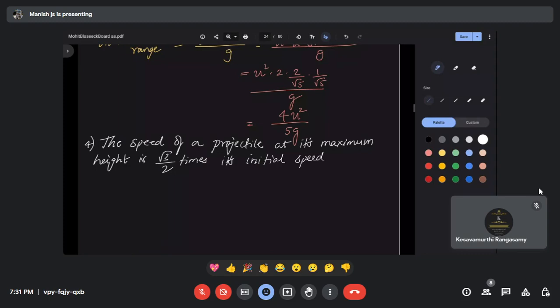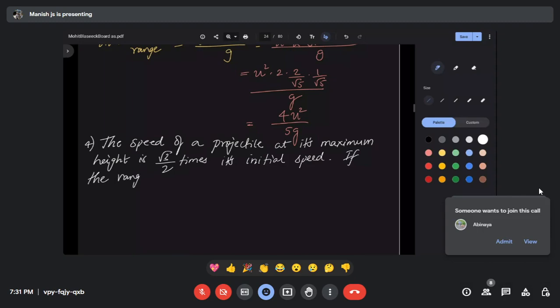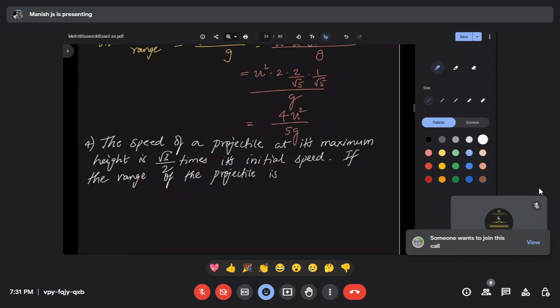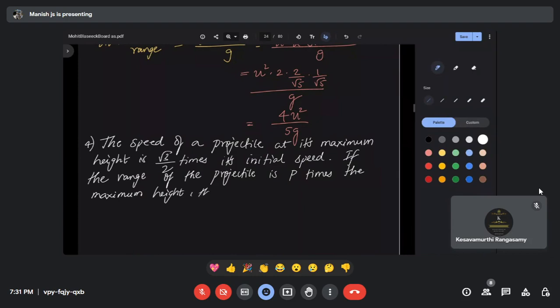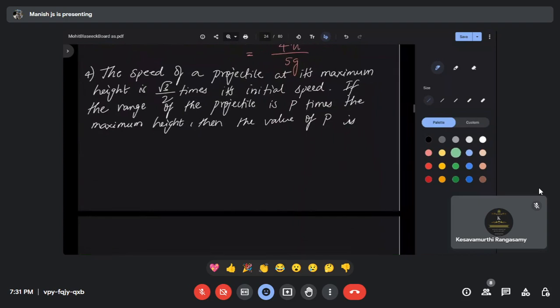If the range of the projectile is p times the maximum height, then the value of p is what they're asking.